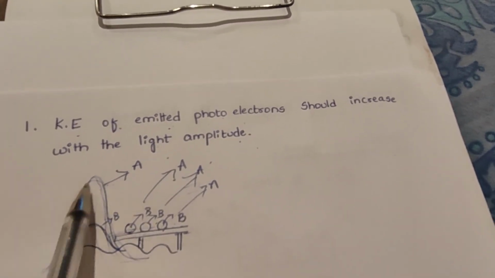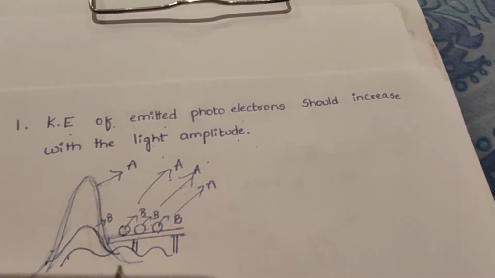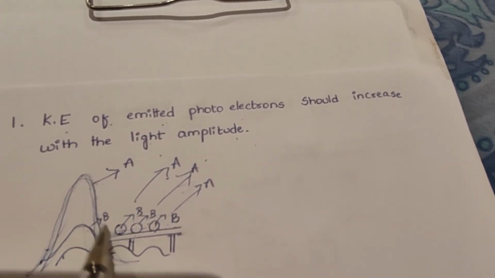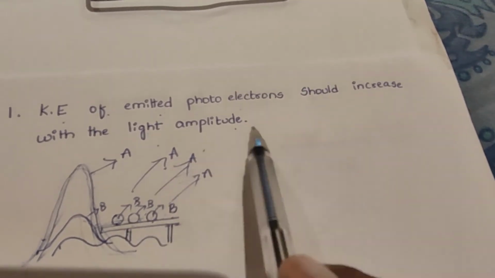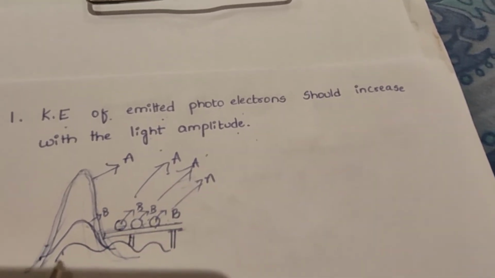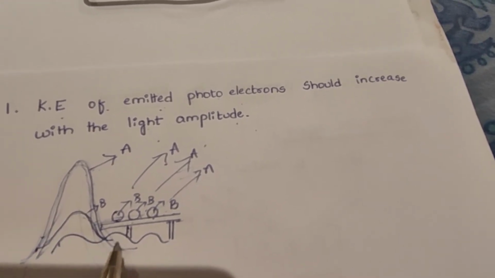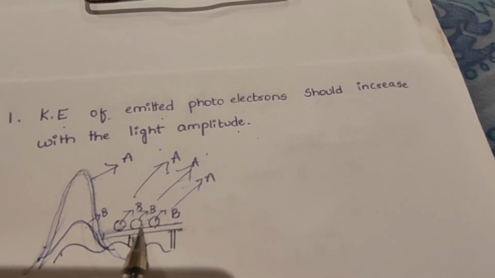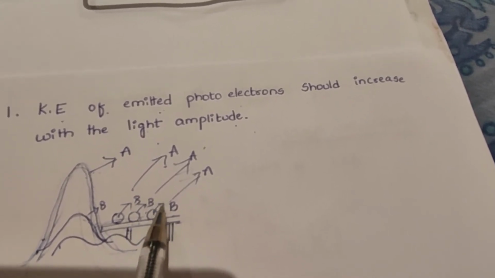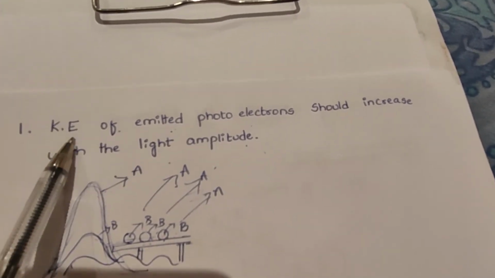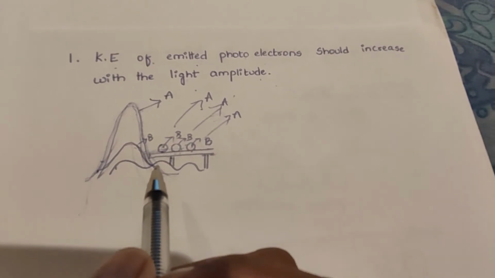Similarly, when electromagnetic radiation with high amplitude hits the metal surface, the ejected electrons will move with high speed. If electromagnetic radiation with less amplitude hits the metal surface, the ejected electrons will have less kinetic energy. This is the first prediction.